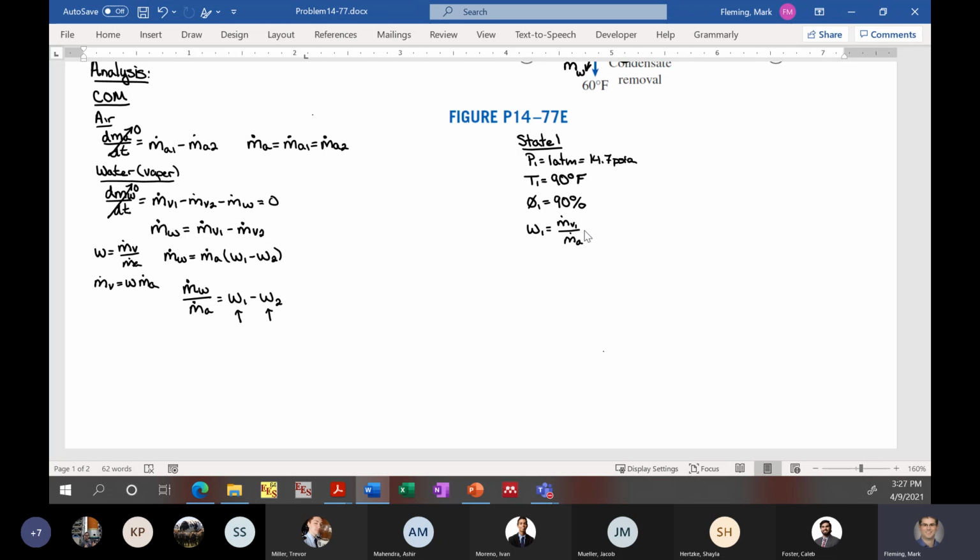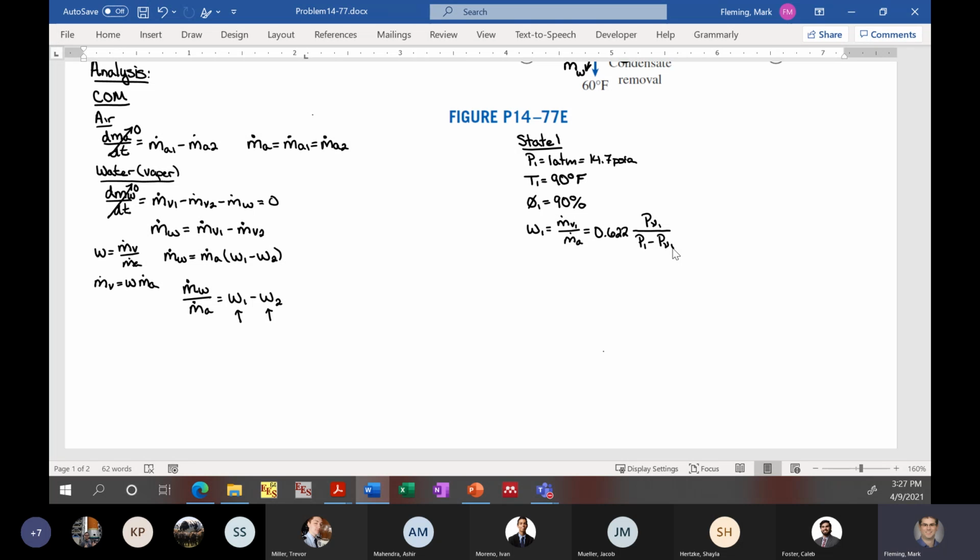Now, if we go back into our definitions, we'll note that this ratio was also equal to 0.622 when we have air and water, times the partial pressure of the vapor at state 1 divided by the total mixture pressure at state 1 minus the partial pressure of the vapor at state 1. So at this point, what we've realized is we are missing the partial pressure of the vapor at state 1. So we need to find that value.